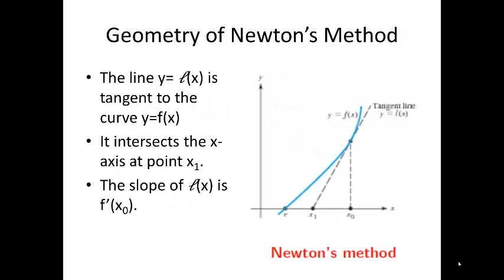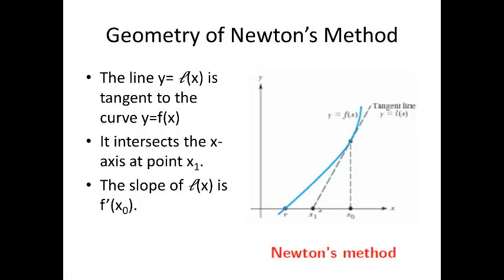So here's the geometry of Newton's method. This is figure 3.4 from page 126 of the 7th edition. So again, we have the line y equals L of x, and that line is tangent to the curve y equals f of x, which is the blue one there. Now notice the tangent line intersects the x-axis at point x1.